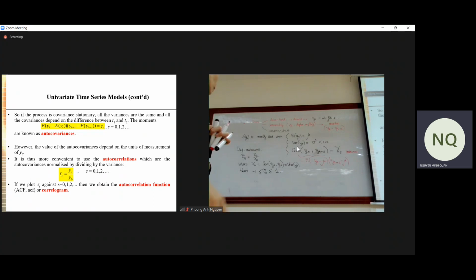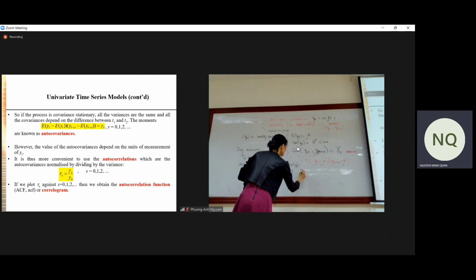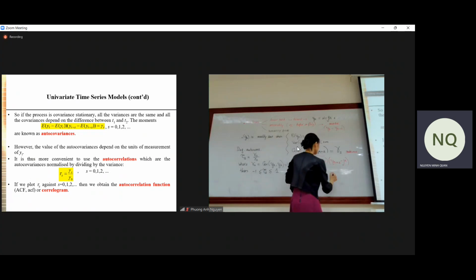And all the values tau s, when s equals 0, 1, 2, 3, we can put together to constitute the autocorrelation function, ACF.